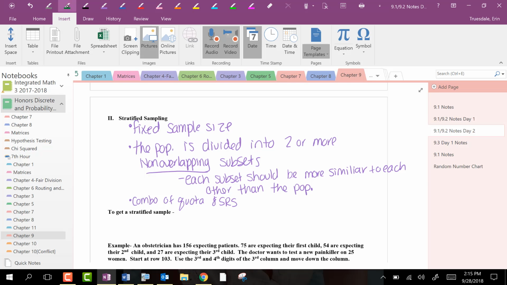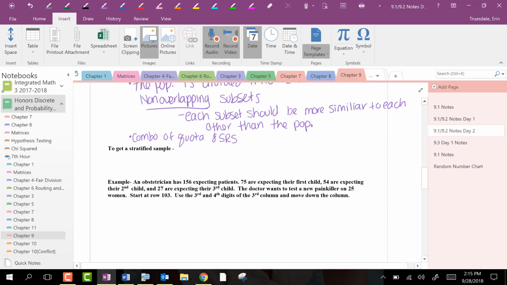Okay, so to get your stratified sample, there are 3 steps if you're trying to plan out how to write it. First, separate the elements into different strata.